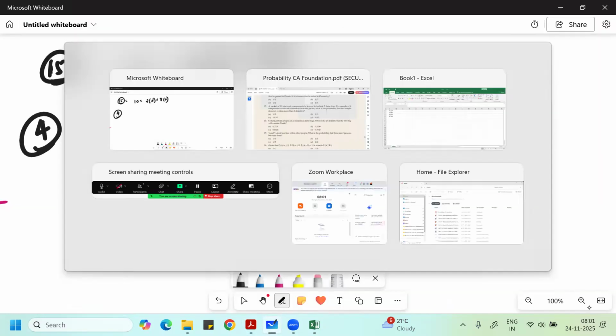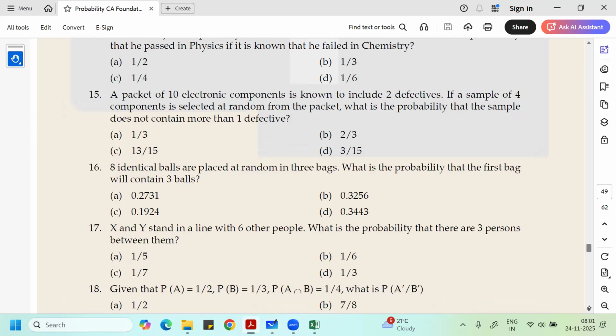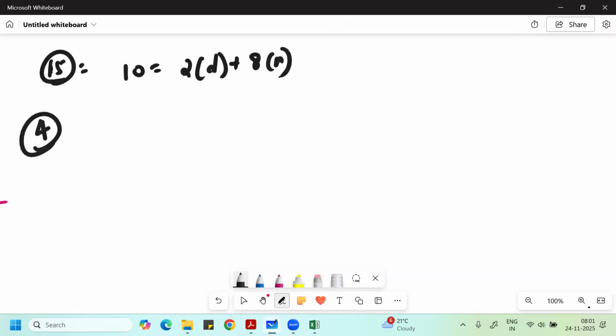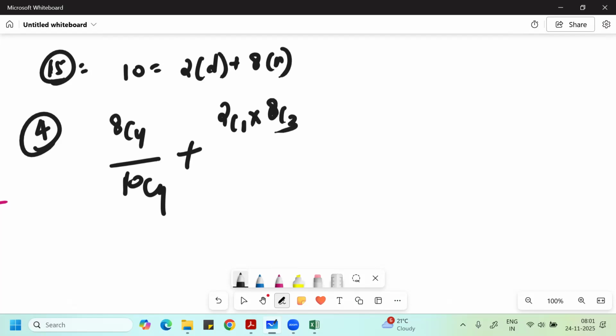If you choose a sample of four components, what is the probability that the sample does not contain more than one defective? Zero defective means all are normal, which is 8C4 by 10C4, or one defective, which is 2C1 into 8C3 by 10C4.